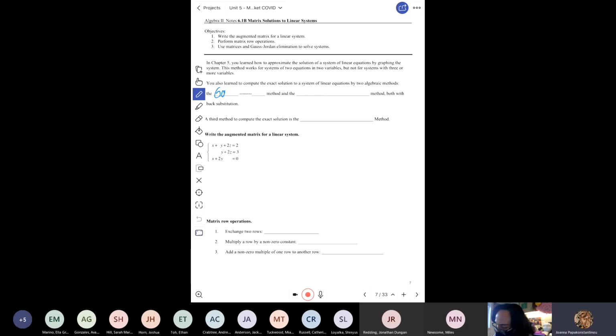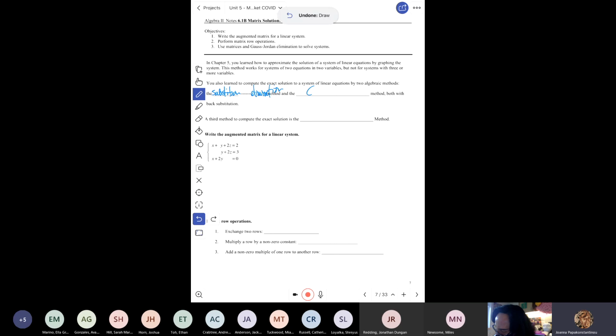And then now we're going to talk about a new method called Gauss-Jordan. Well, actually, let me change that. Let me go ahead and just write our old methods first. So we have substitution and elimination. And now this is going to be, well, linear combination.